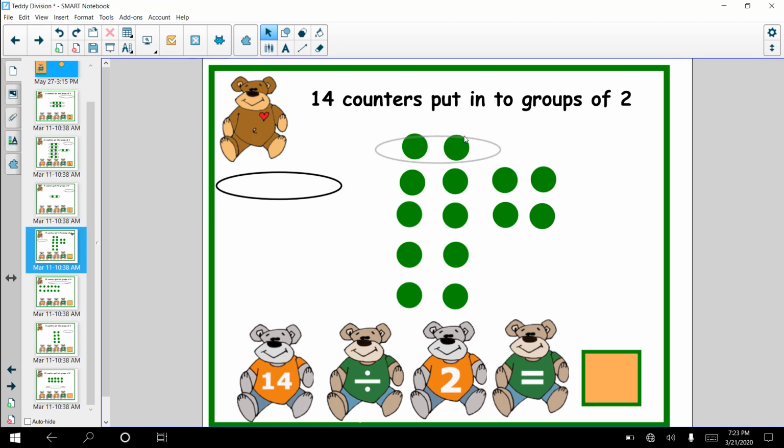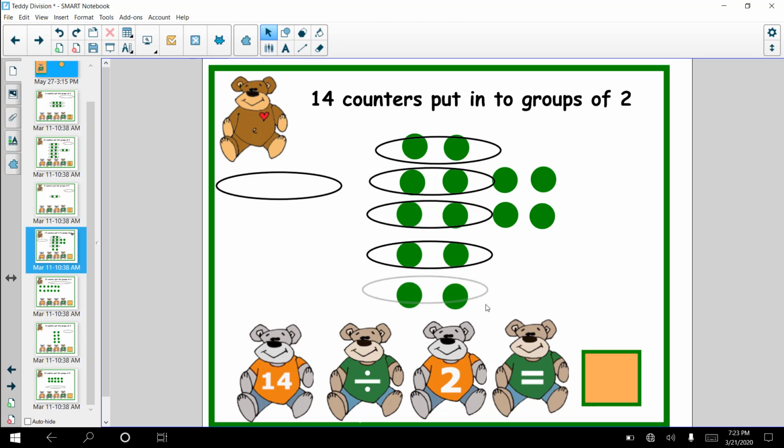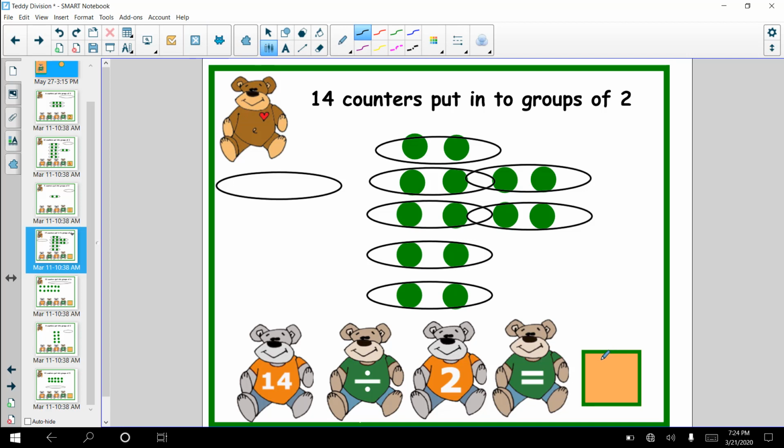I have one group, 2, 3, 4, 5, 6, and 7. So I have 7 groups of 2. So 14 divided by 2 is equal to 7. Equal to 7.